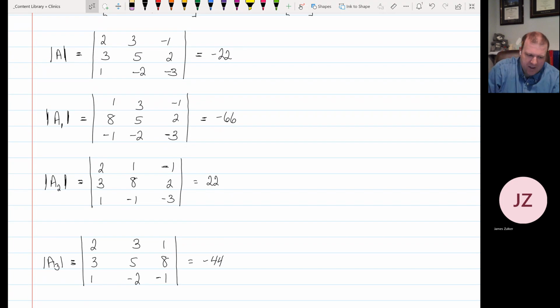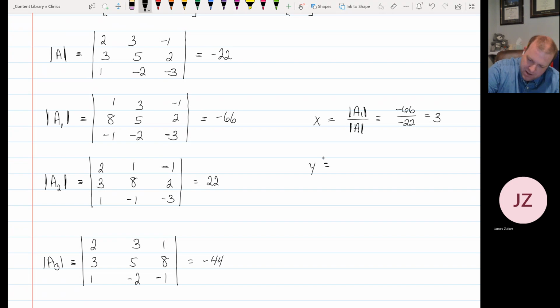So what do we do with all these values? This will tell us that X, the first unknown, is the determinant of A1 divided by the determinant of A. So this is -66 divided by -22, which is 3.